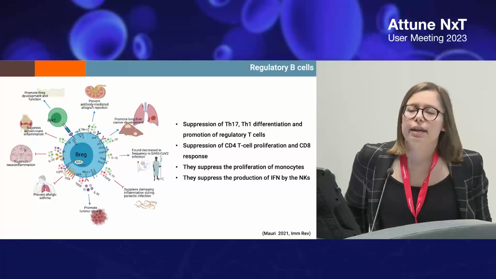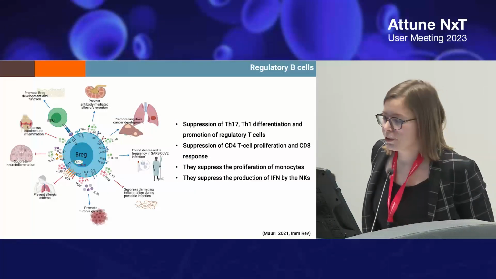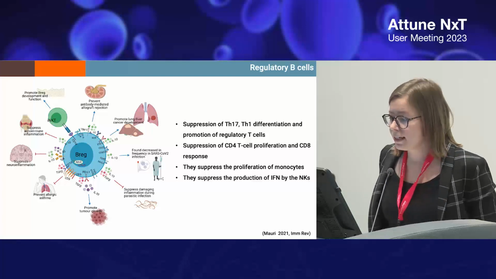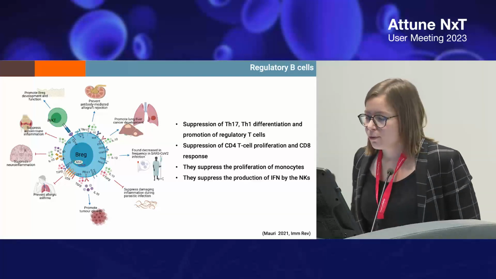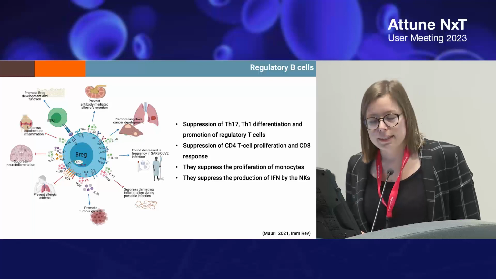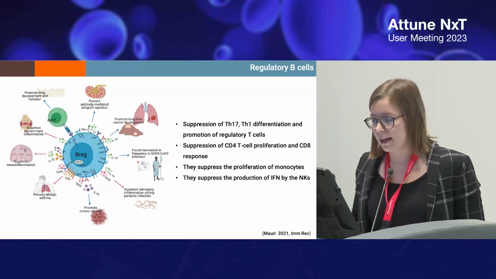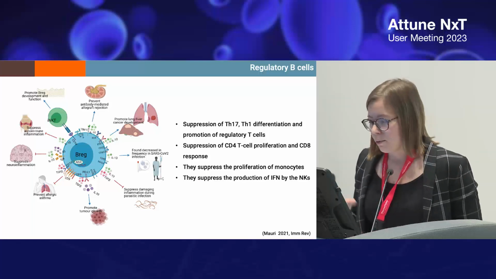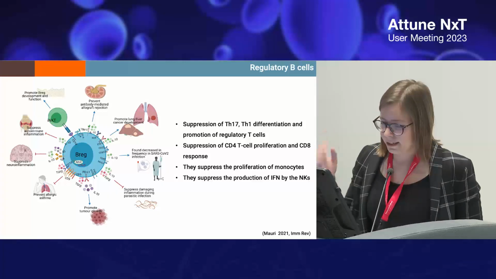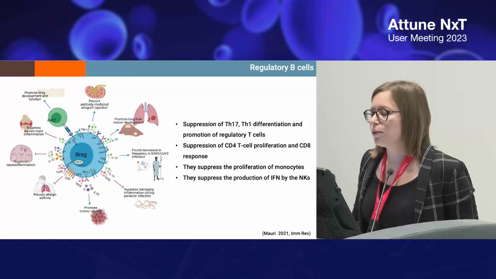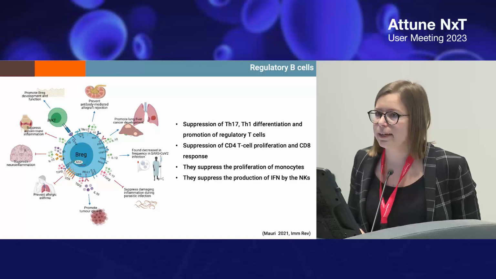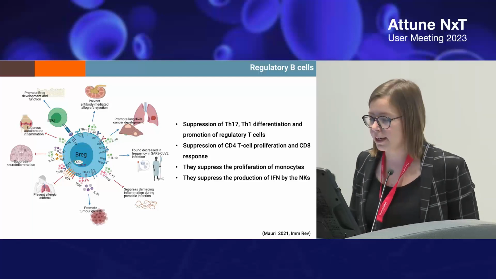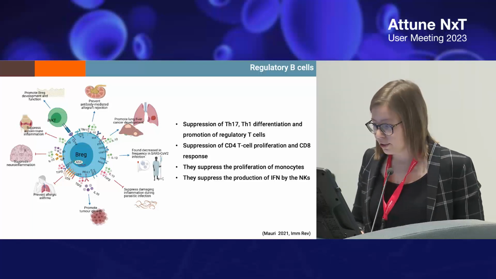Another very interesting population of B cells is the regulatory B cells, which have been described in many pathological settings. For example, they have been described mostly in mouse models, where they can promote cancer development, but they can also prevent allograft rejection.